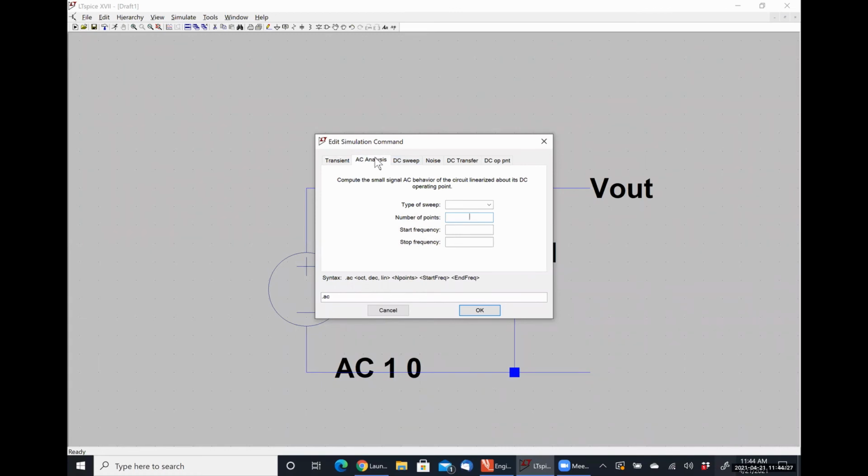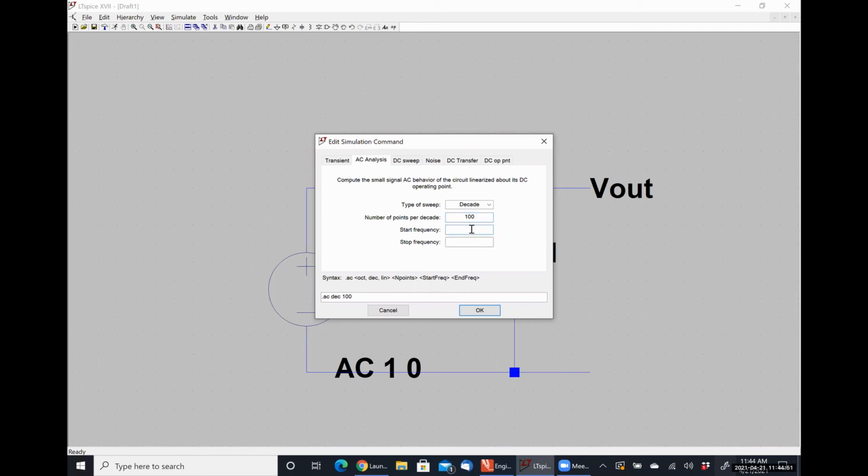Okay. So an AC analysis says compute the small signal AC behavior of the circuit linearized about its DC operating point. We get to choose the type of sweep. So I want to do a decade sweep. I'm going to arbitrarily say 100 points per decade. This is just going to tell us how accurate we are when we're looking at things.